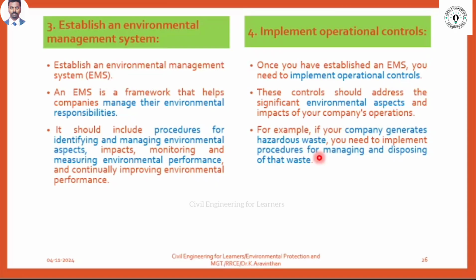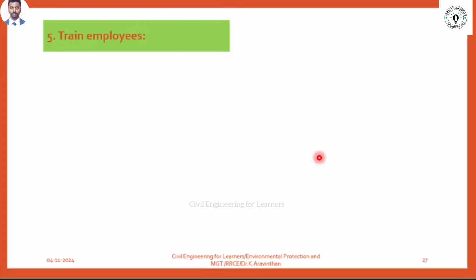Procedures for managing and disposing of waste should also be given. How the waste is generated during the operational process and how it should be disposed should also be there in implementing operational controls. There should be a process to manage the hazardous waste till the disposal.